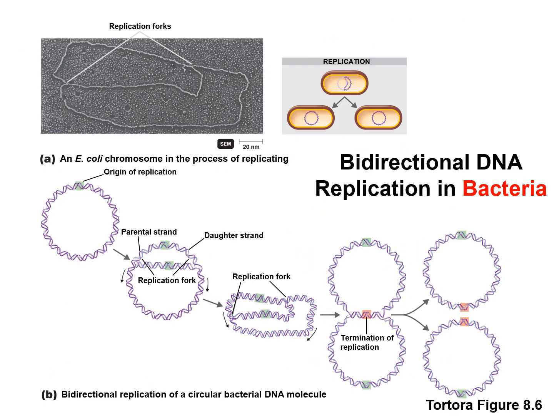All right, let's take a look at DNA replication in a bacterial cell, which is pretty easy because they just have one chromosome to copy, and it's circular. So they're going to start replicating their chromosome at what's called the origin of replication.